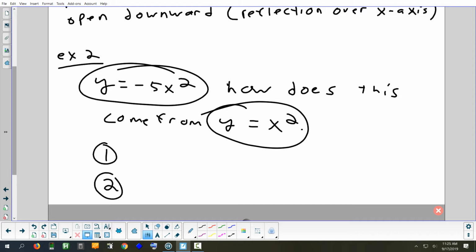So think back to how I wrote it in the notes on the other page. I said if A is greater than 1, it causes the graph to, what I wrote. Yep. Stretches it vertically. Yes. So the way you write this is you say vertical stretch. And then you have to say how much. This is a vertical stretch by a factor of 5. Not negative 5. Okay, vertical stretch by a factor of 5.